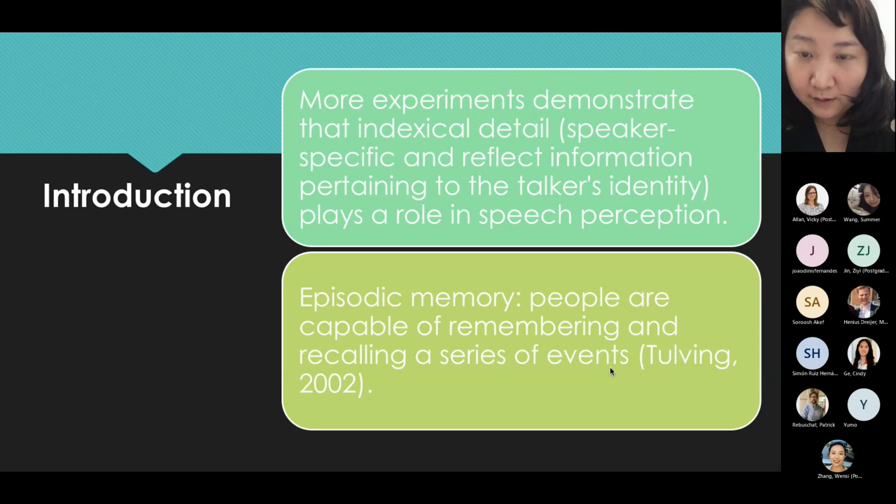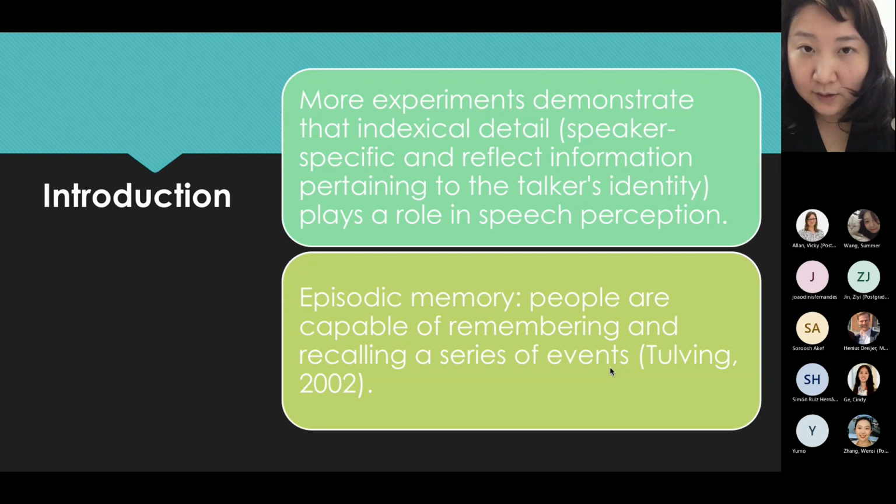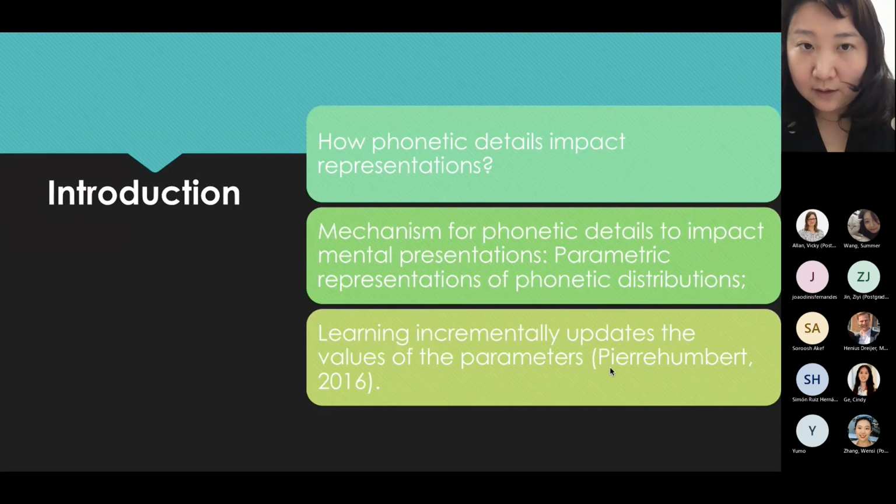So in speech perception, we also pay attention to indexical details. And we do have this episodic memory, so we're able to remember and recall a series of events, and that also helps us in judging the new signals. So essentially, we believe that there might be some mental representations that we can make use of.